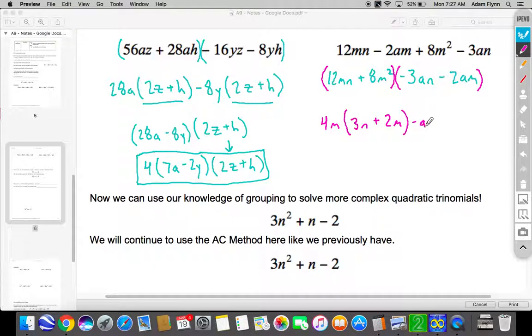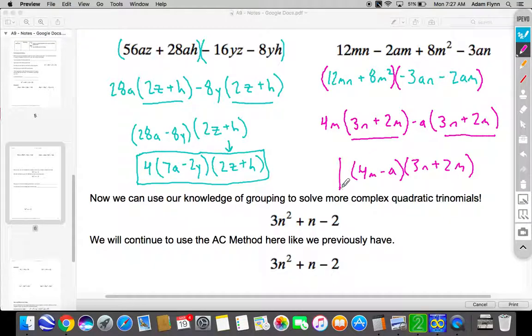So if I pull out negative a, and I divide both these terms by negative a, I'll be left with 3n plus 2m. So now I'm all set because my expressions in the parentheses match each other. So my two factors are going to be 3n plus 2m and 4m minus a.